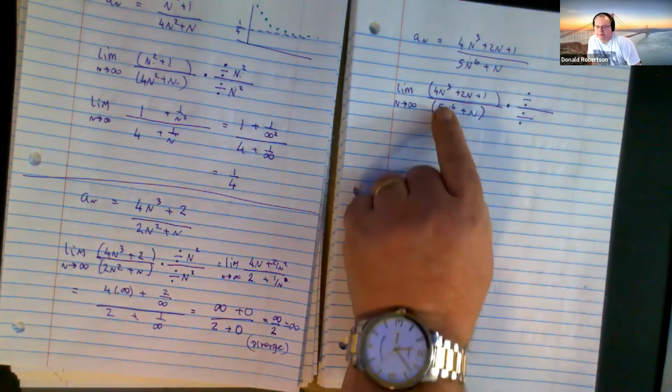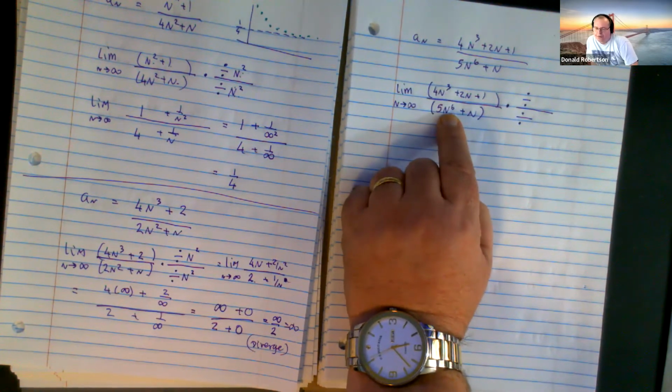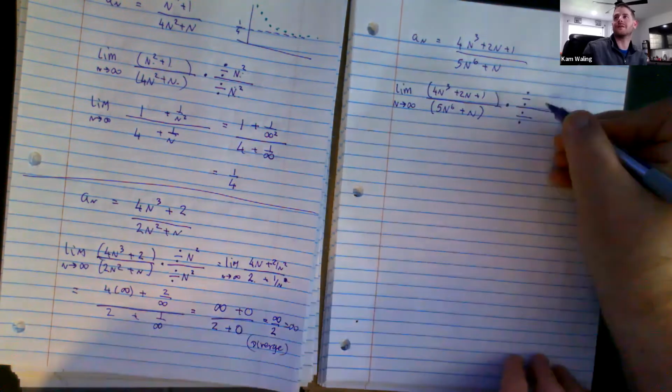Okay, biggest power on the numerator is n cubed. Biggest power on the bottom, the denominator, is n to the 6. You know my rule about decisions. Tell me which one I should use, n cubed or n to the 6. N cubed. Okay.